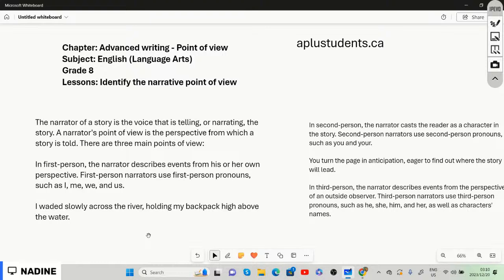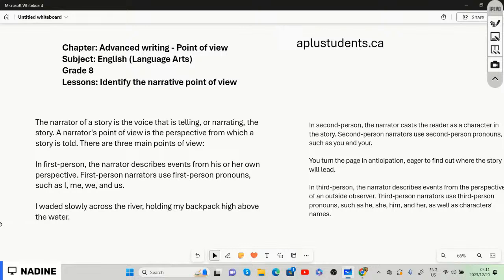And when they use first person pronouns, they use pronouns such as I, me, we, and us.